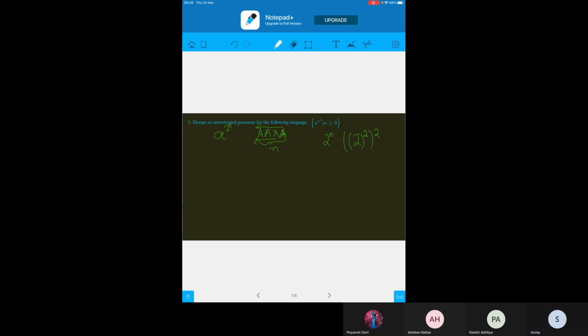So that's why I could double. So any thoughts on how to do this?